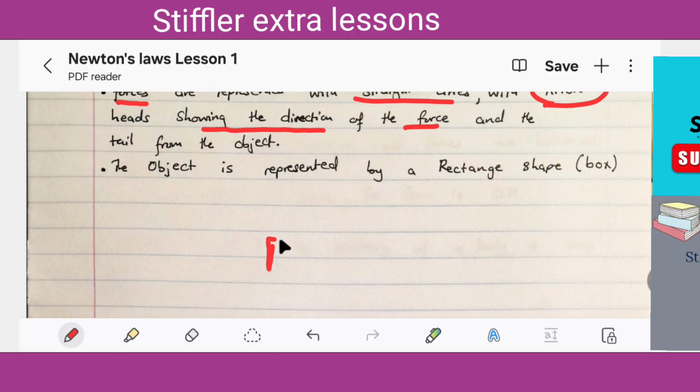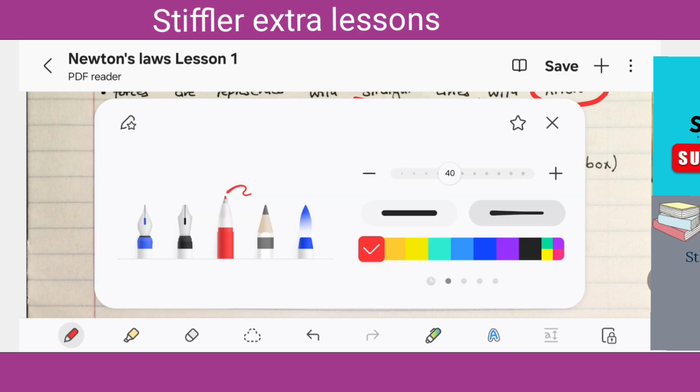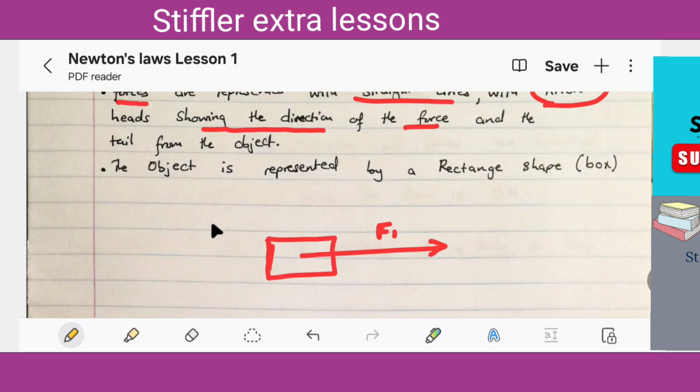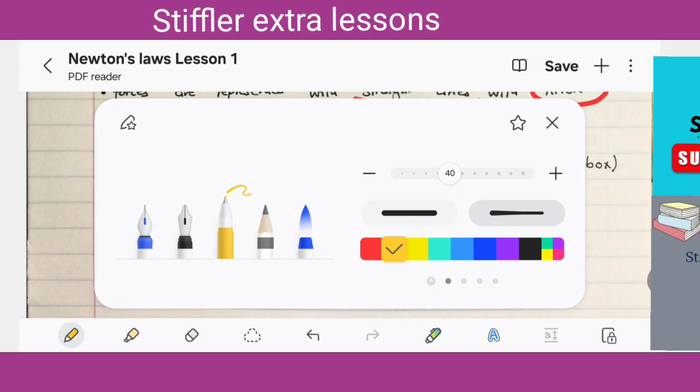So if we draw the force diagram of an object, maybe it has 4 forces acting on it. Maybe F1 is going to the right. This is how we show our F1. And then maybe we have F2 going to the left, and maybe F3 going up.